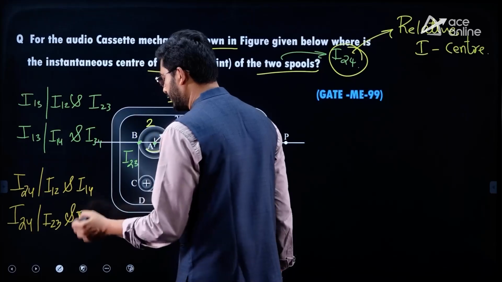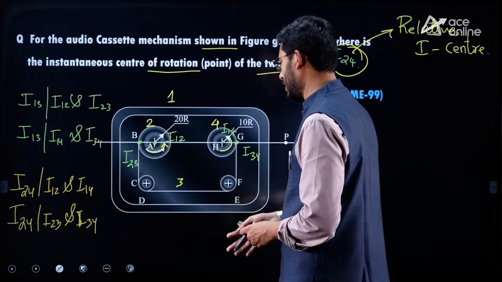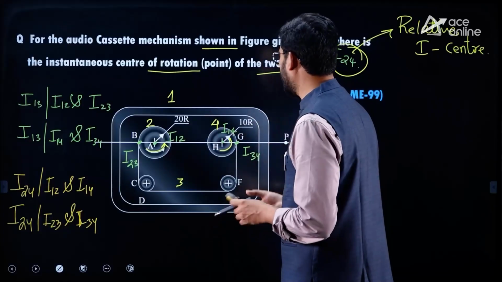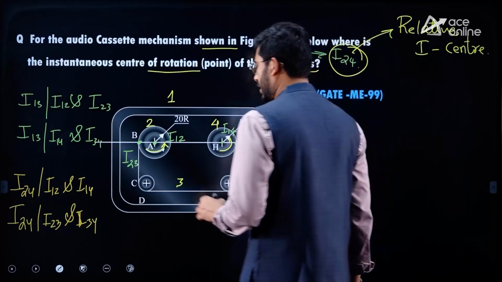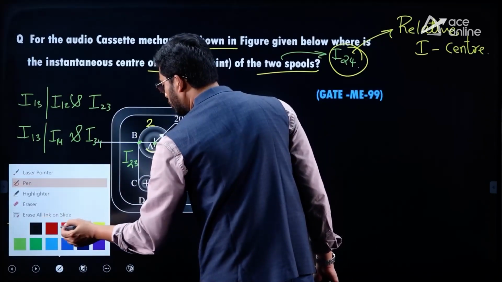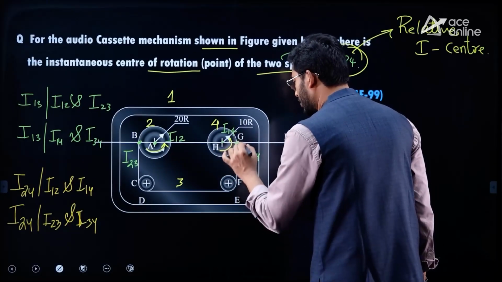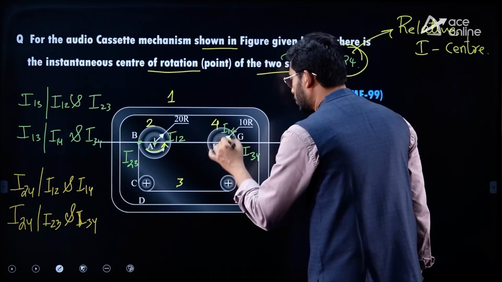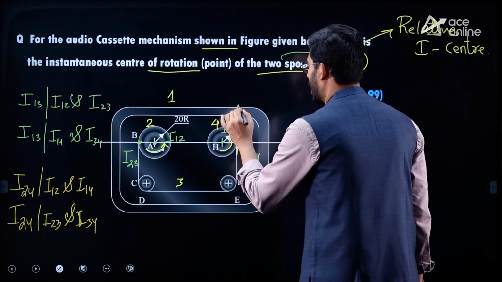Even if we try to apply this condition, we are unable to predict it. Now here, if you observe the sense of rotation or the velocities of these two bodies, the velocity of I34, that is the velocity of point G, is causing a counterclockwise sense. So this will be upwards.